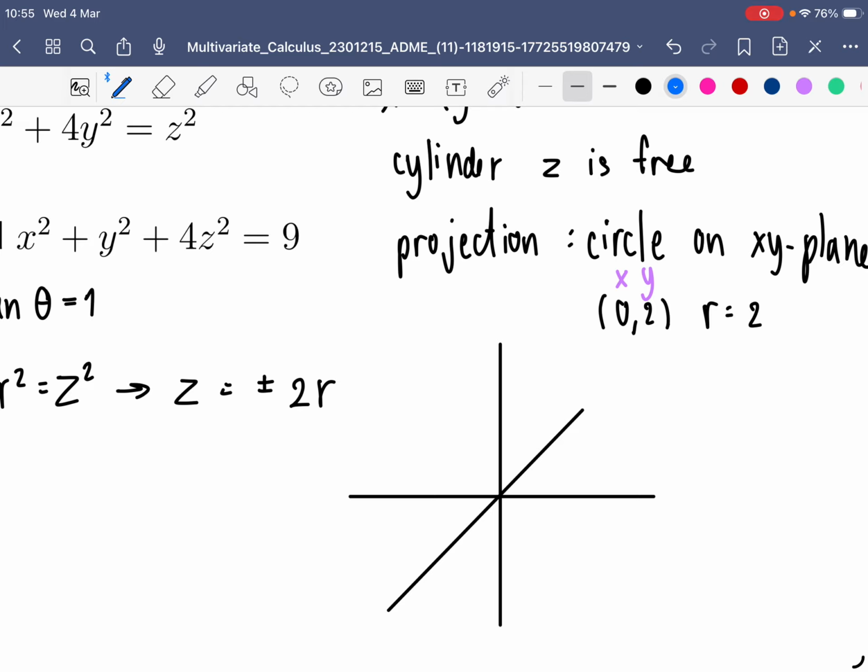Number 5 is ellipsoid, so r squared plus 4z squared is 9. This is as much as we can do.